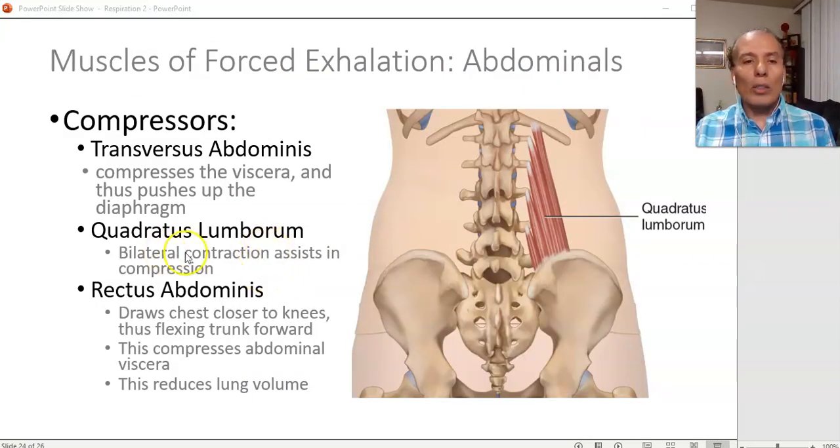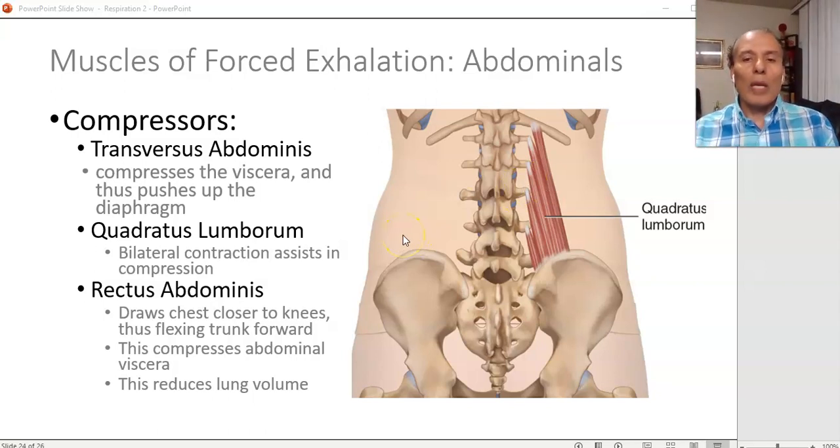So the quadratus lumborum is a bilateral contractor. When you have both sides contract, that enables you to rotate your trunk, and also it will help to compress the abdominal viscera to bring it in.